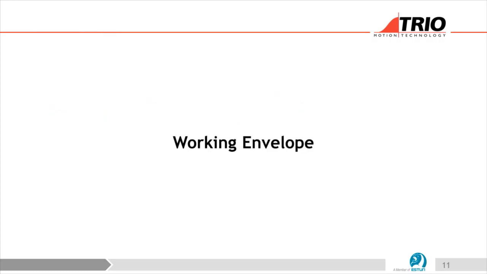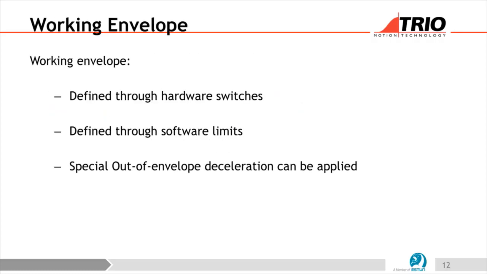Alright, working envelope. In some machines you must have your limits, whether in forward or reverse. So with working envelopes, you are basically setting the limits of your machine. You can do this through hardware switches or software limits, or you can set a special out of envelope declaration.